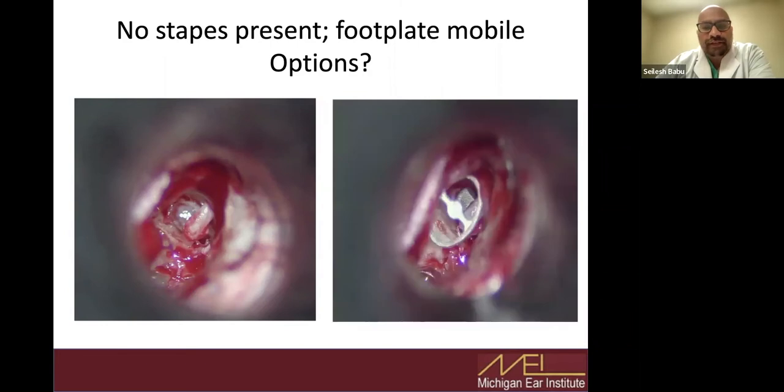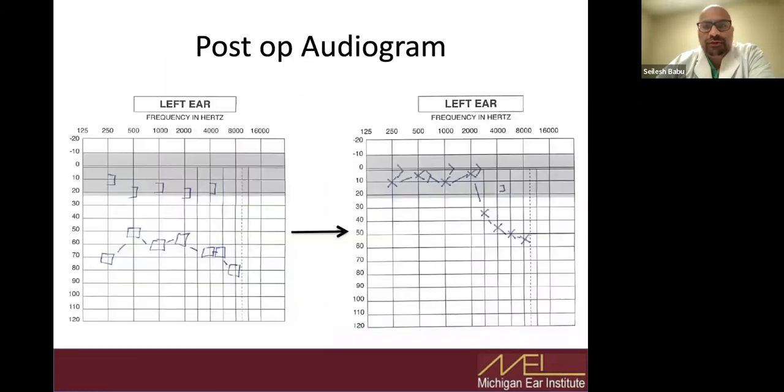In my case, I decided I'm just going to leave the anatomy alone, and I'll put a total prosthesis and try to bridge the gap right to the tympanic membrane with a cartilage cap. In case I ever needed to go back in, I would leave the incus and I could use it for further reconstruction if this technique didn't work. And of course, we showed the good ones where it actually did work and it closed the air bone gap significantly, except for that high frequency, which he's more than pleased with.